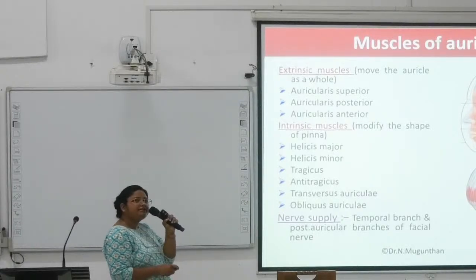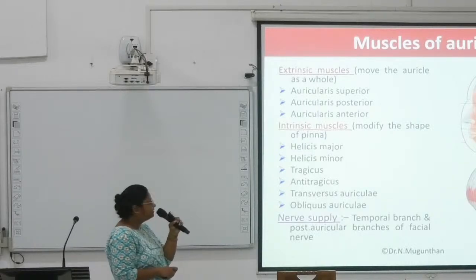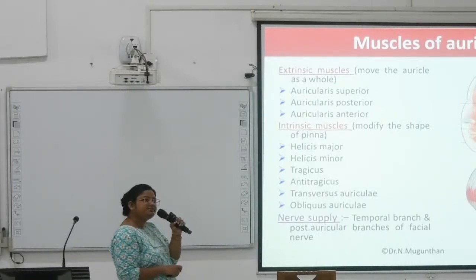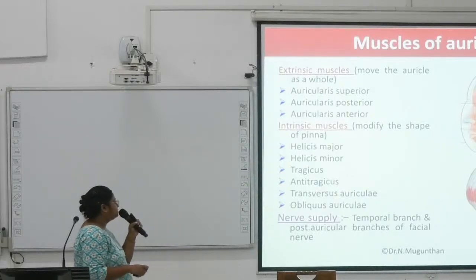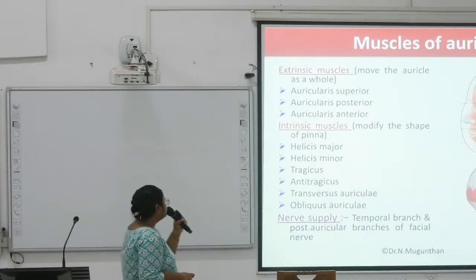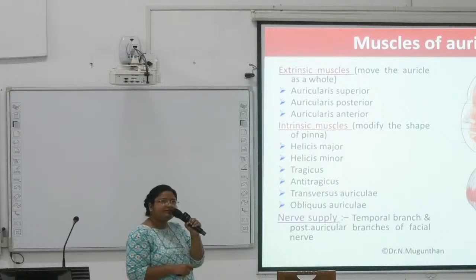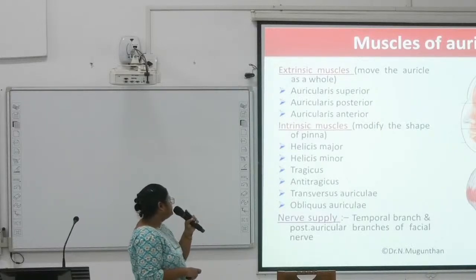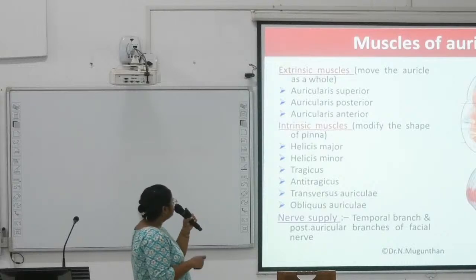Within the pinna lie these intrinsic muscles: helicis major, helicis minor, tragicus, antitragicus, transversus auriculi, obliquus auriculi. Now the nerve supply. The nerve supply of these muscles is the temporal and posterior auricular branches of the facial nerve.